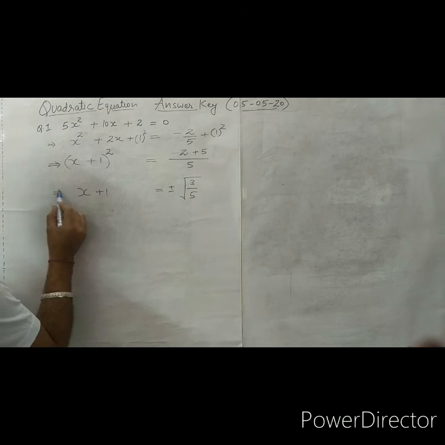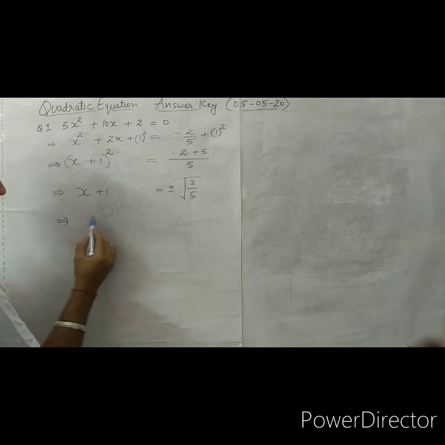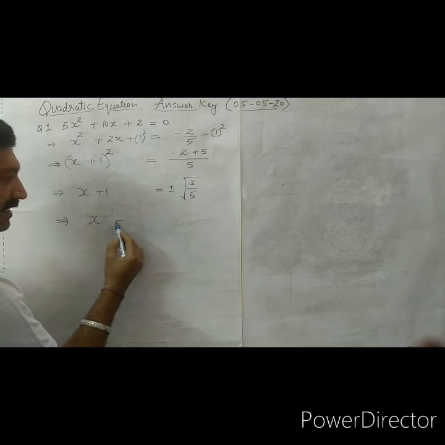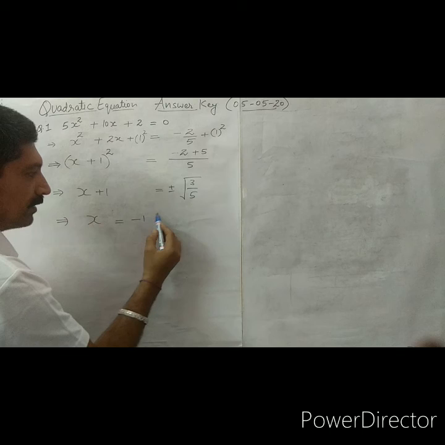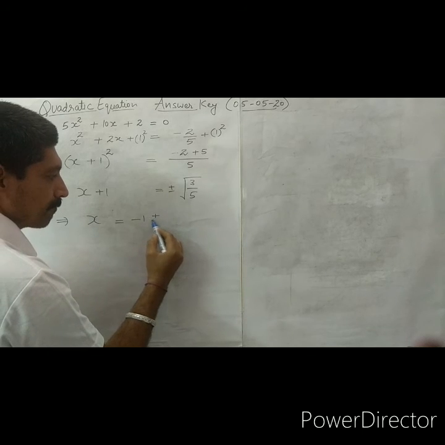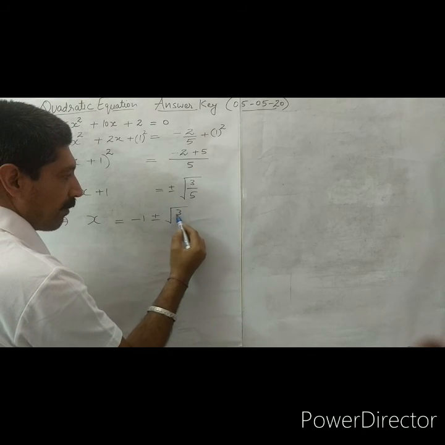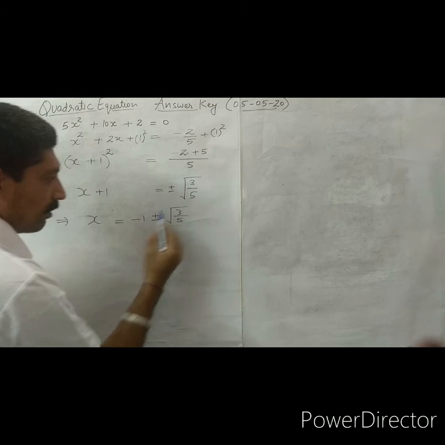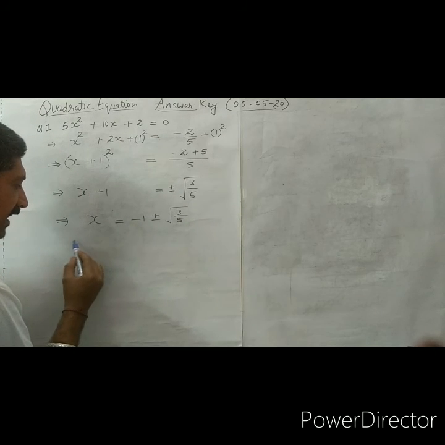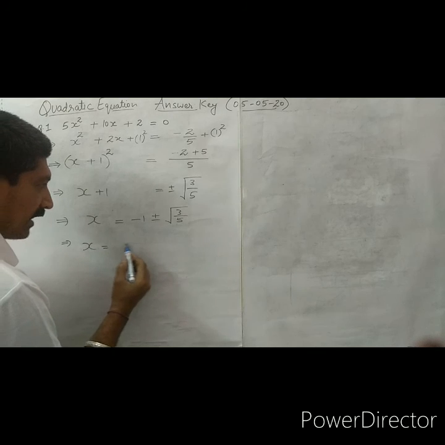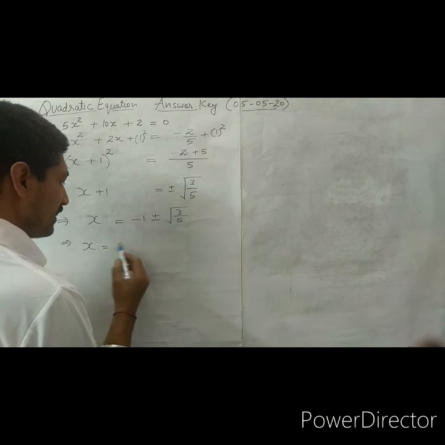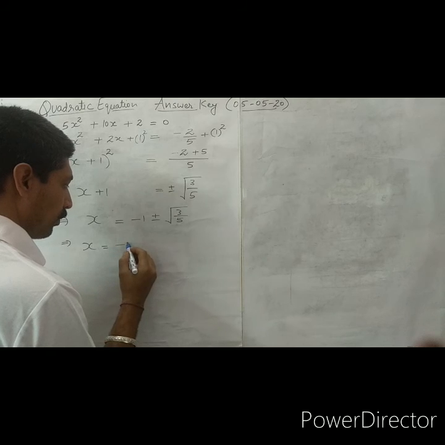So this further implies that the value of x is equal to minus 1 plus minus under root 3 upon 5.